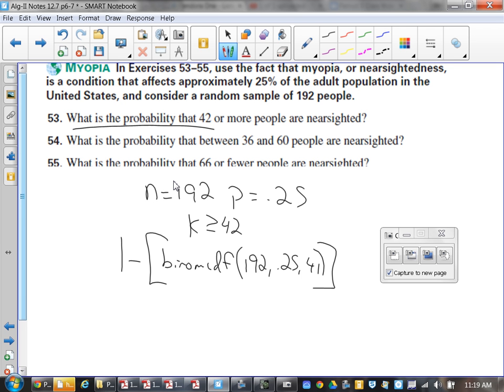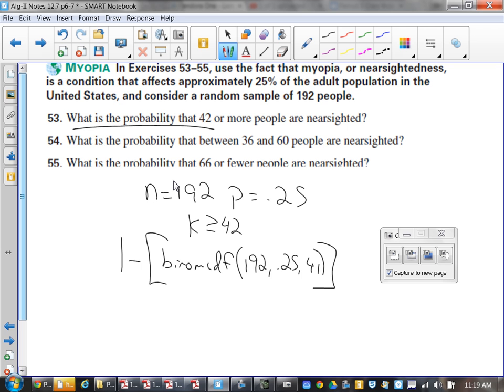You know how it says at least? We know that at least means it includes. At most, it includes. If it's more than, does it include? No. Less than, does it include? No. But if it's within a range, I'll make sure it says includes. I'll make sure it's clear.